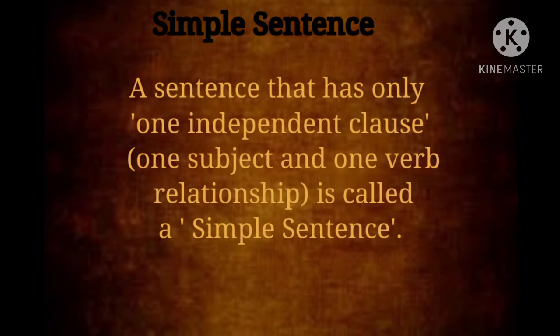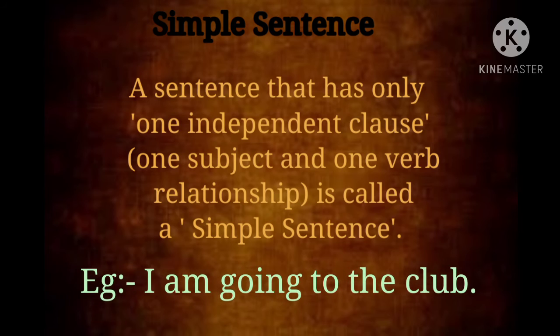Simple sentence. A sentence that has only one independent clause, one subject and one verb relationship is called a simple sentence. As I have already told you about independent clause, it will be easier for you to understand. Let me explain with the help of an example.